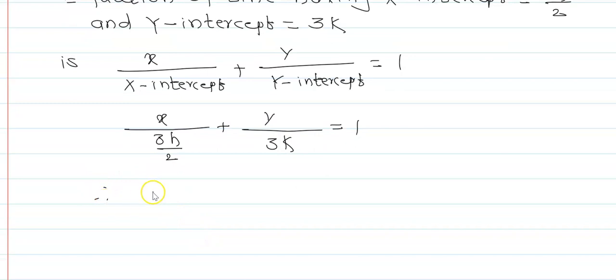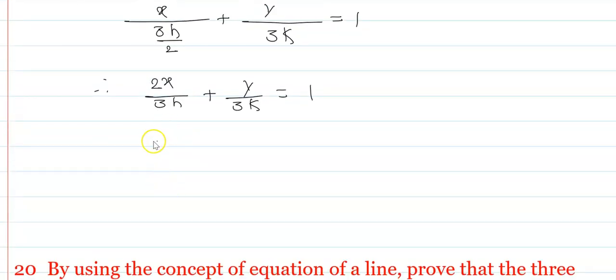The required line is 2x upon 3h plus y upon 3k is equal to 1, and this can be written as 2x upon h plus y upon k is equal to 3.